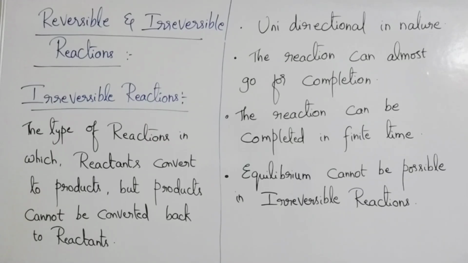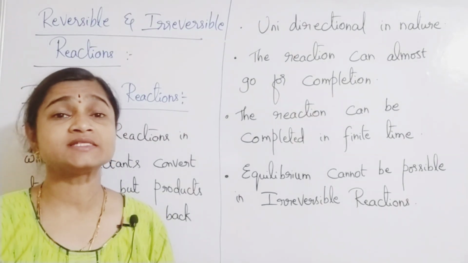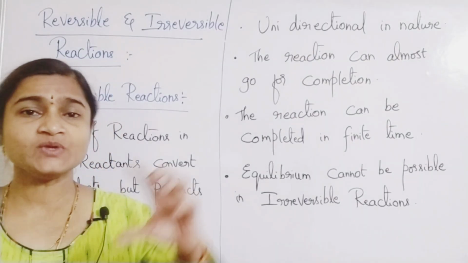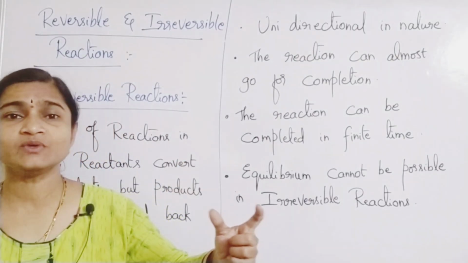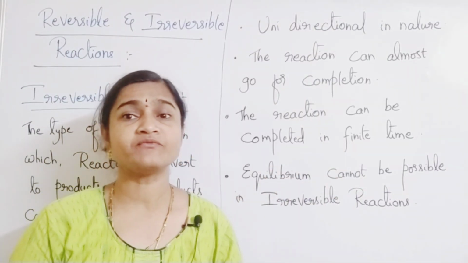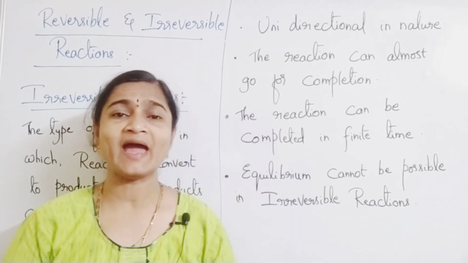So first let us learn about reversible and irreversible reactions. Irreversible reactions means the type of reactions in which reactants can be converted into products, but products cannot be converted back to reactants. Reactants will undergo some changes and convert to products. You will get the product formation, but products cannot be reconverted back to reactants.